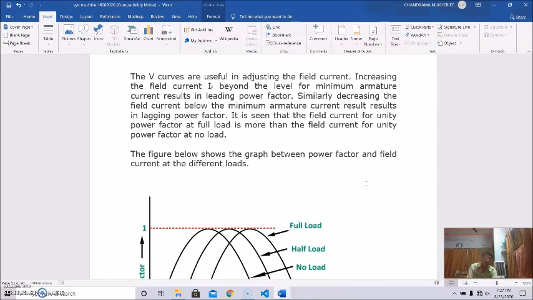What is the main outcome from this discussion? Basically, these are the guiding factors you have to know when you work with synchronous machines, whether in a generating station or in your future life in the industry.